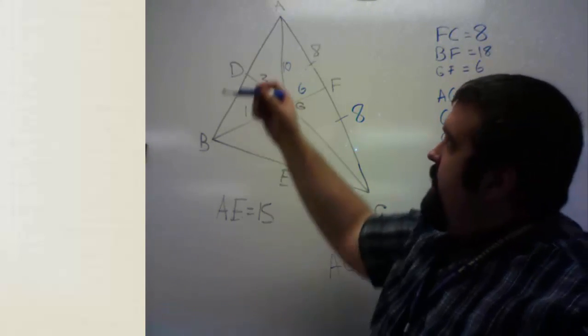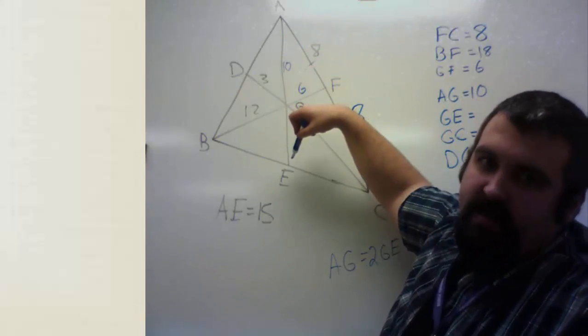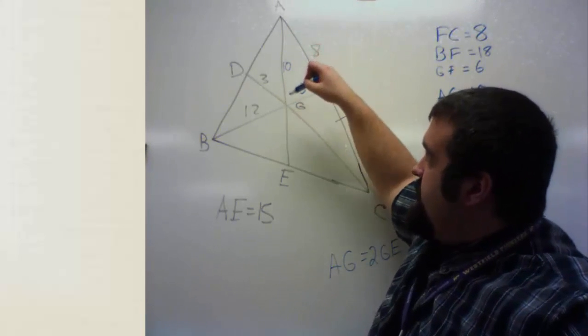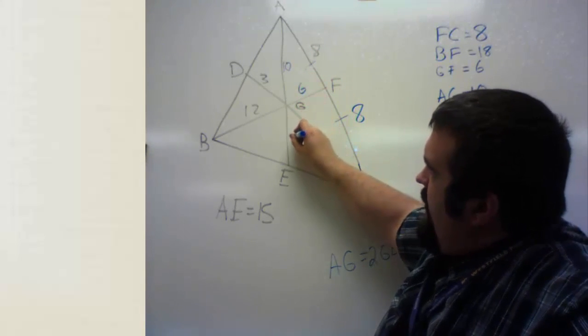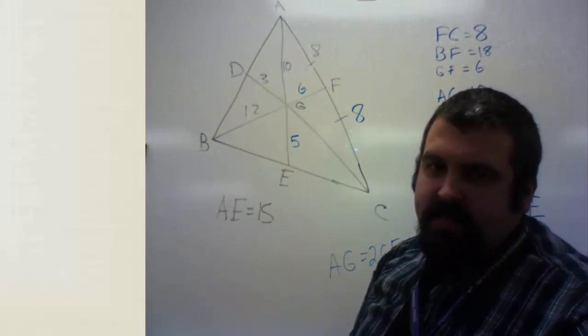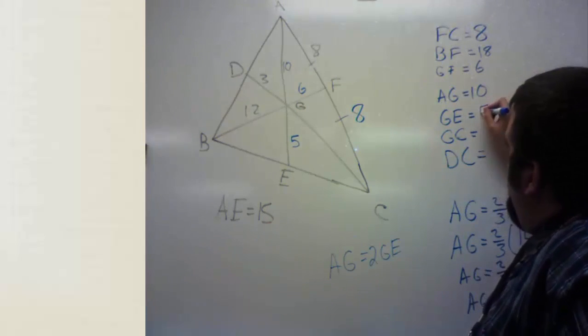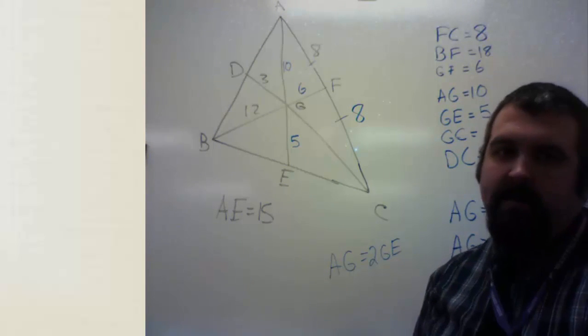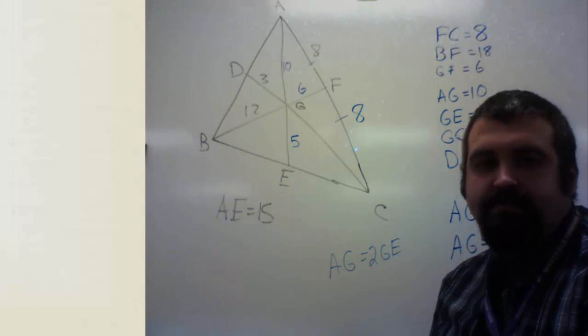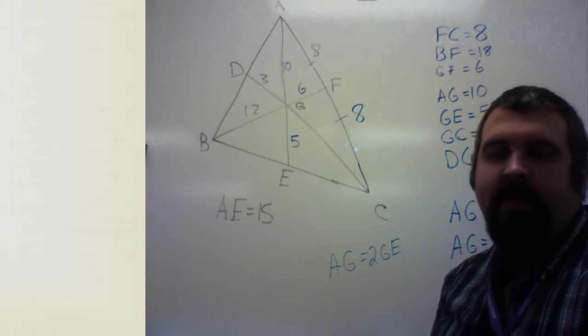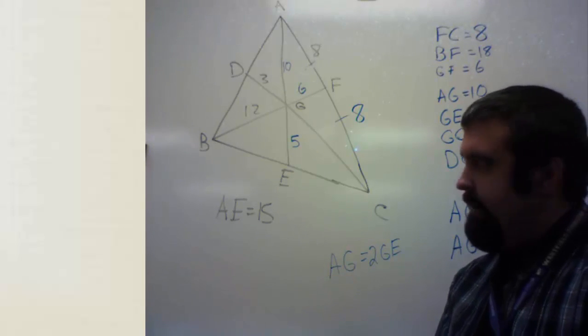However, I know the length from A to E is 15. I know the length from A to G is 10. So by subtracting 15 minus 10, I get 5. Length of segment GE has to be 5. There's no way around it. If I would have done it one of the other ways, you should have still got 5.